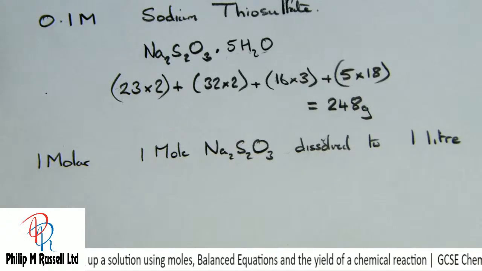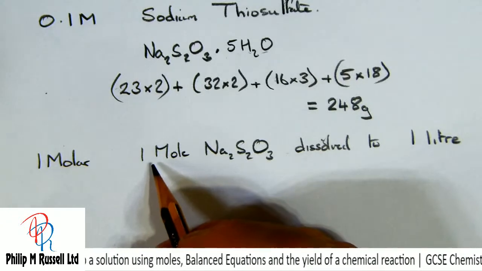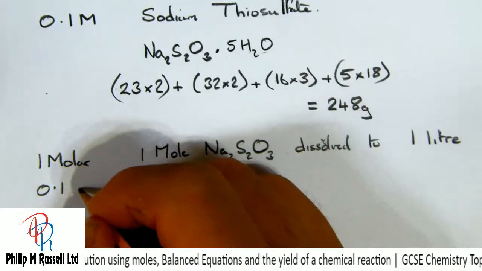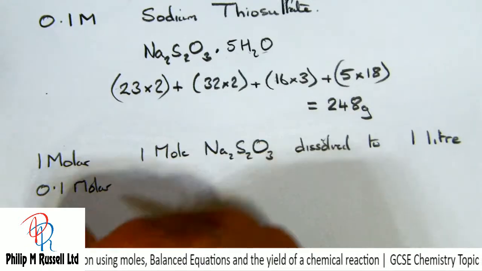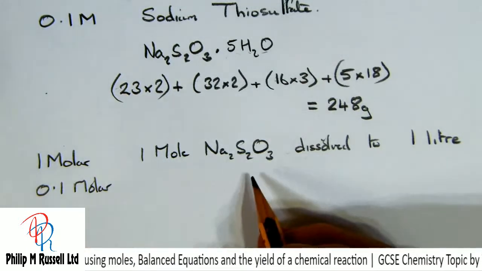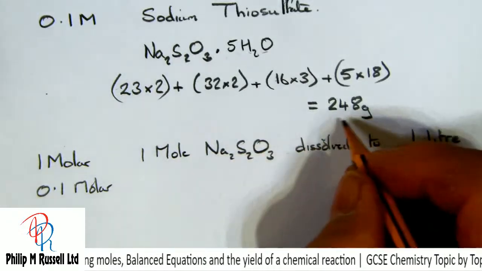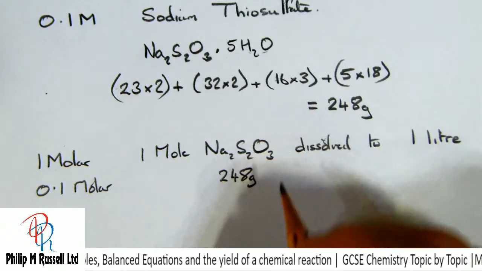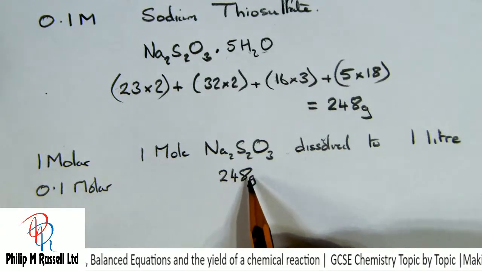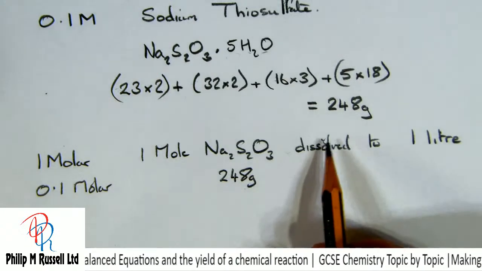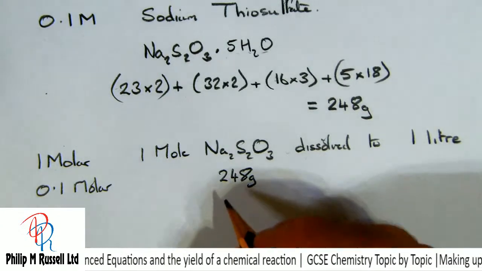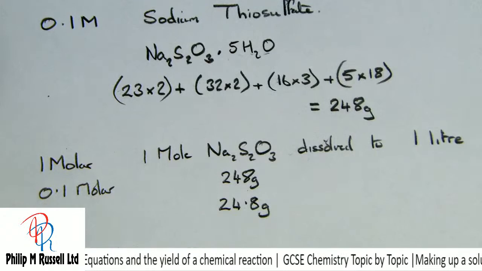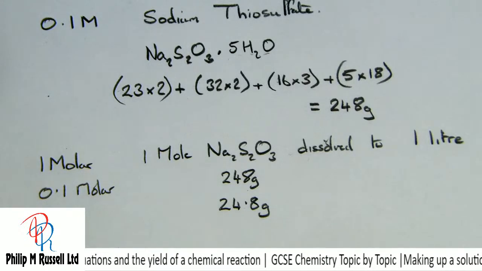So that's okay, but I don't want a 1 molar solution. I want a 0.1 molar solution. I want 1/10 of it. So if I used this one, I would have used 248 grams of sodium thiosulfate, 1 mole's worth. And if I want to use 1/10 of that, then I need to use 24.8 grams of my sodium thiosulfate.